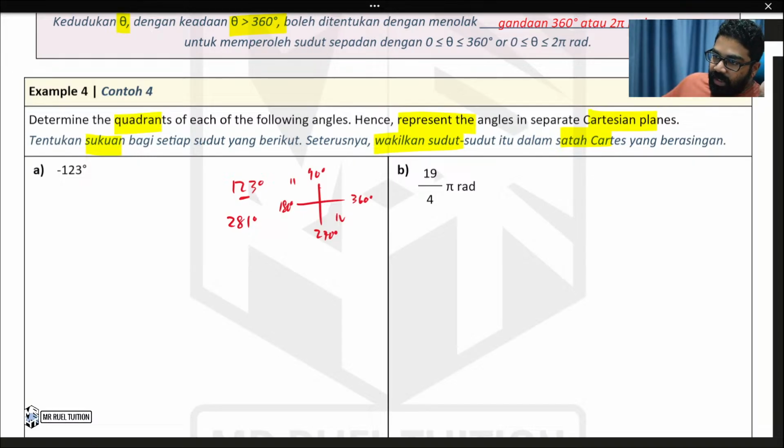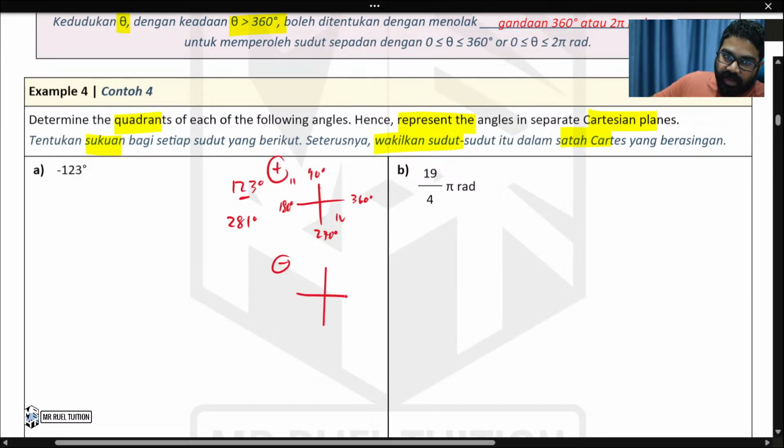So for negative angle, sebab arah dia ialah ikut arah jam. We go clockwise instead of anti-clockwise. Right? So dia terbalik. This is for positive angles. Untuk sudut negatif, for negative angles, we start with 0 here, tapi kita pergi ikut arah jam.